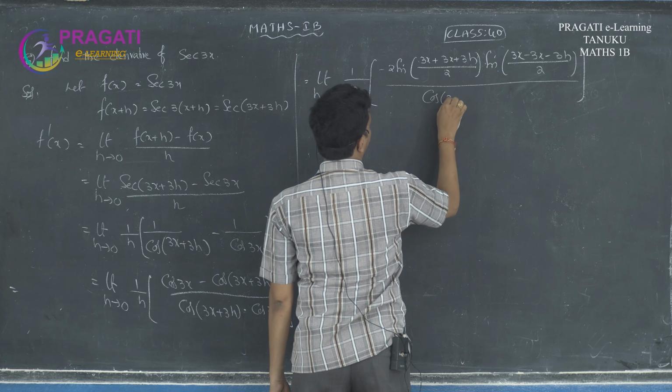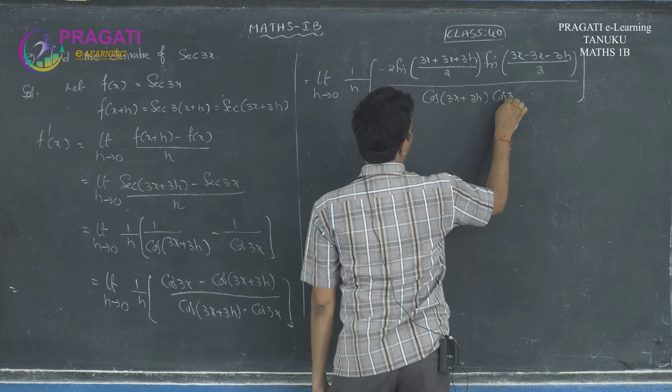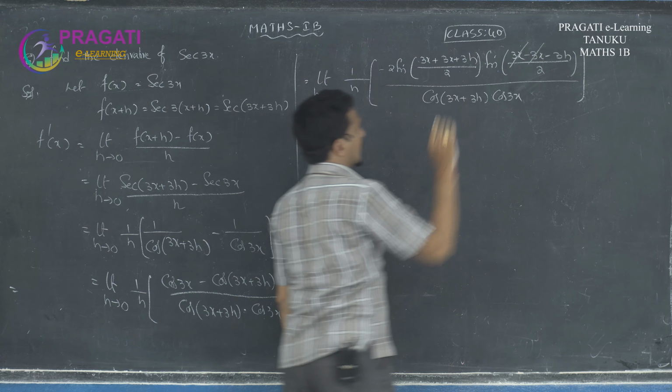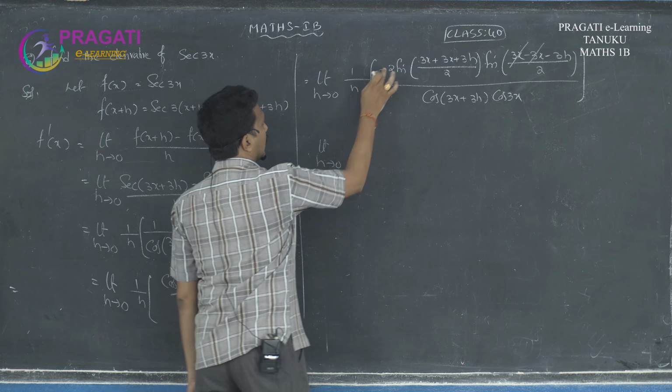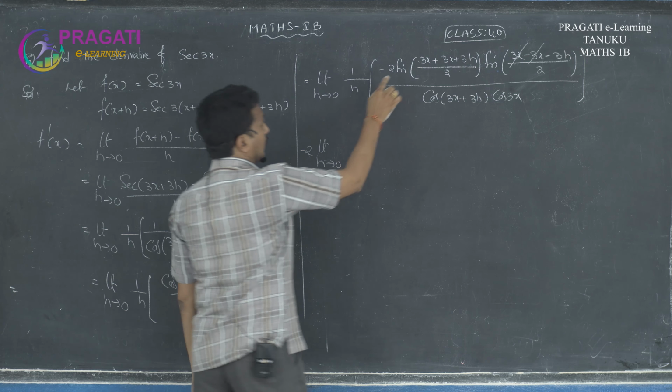Cos of 3x plus 3h into cos 3x. Here the 3x plus 3x gives 6x, and the limit h tends to 0. Here minus 2 is a constant, taken to the front side. Here what is the remaining term?